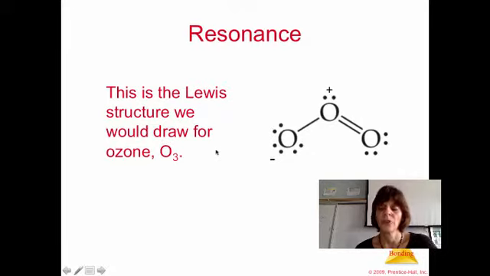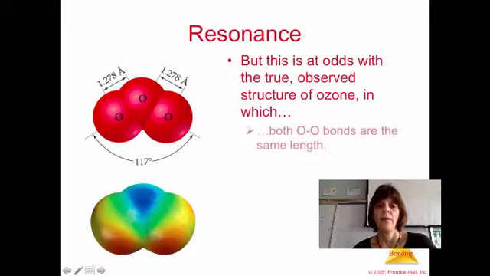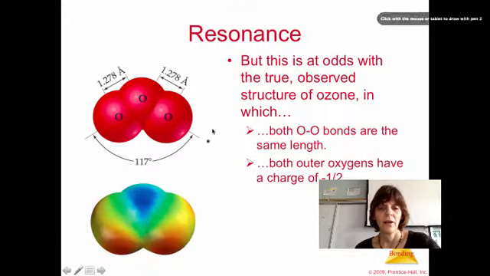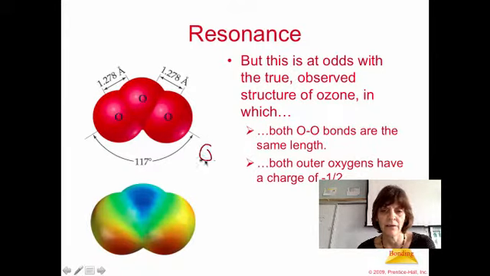This is a Lewis structure we would draw for ozone. But if you look at an actual structure of ozone that's measured with X-ray crystallography, we find that rather than having a single bond on one side and a double bond on the other side, that would indicate they'd have different bond lengths.